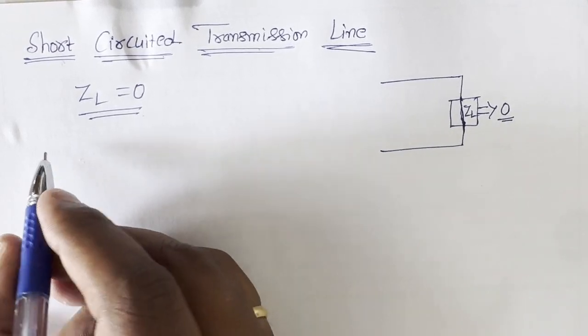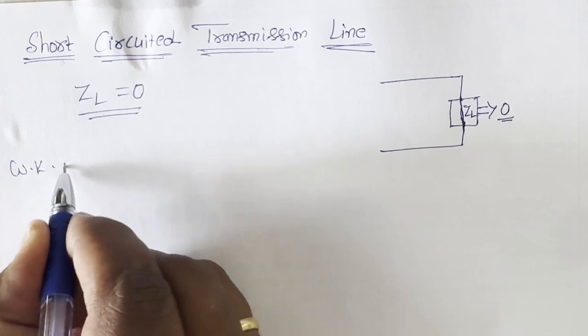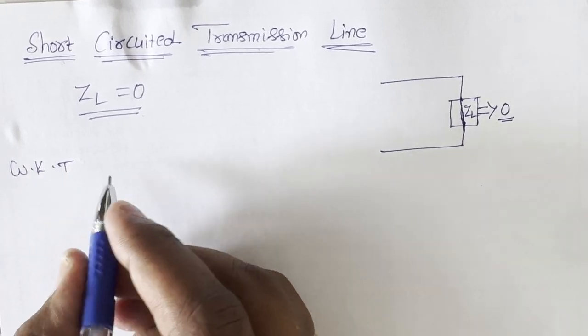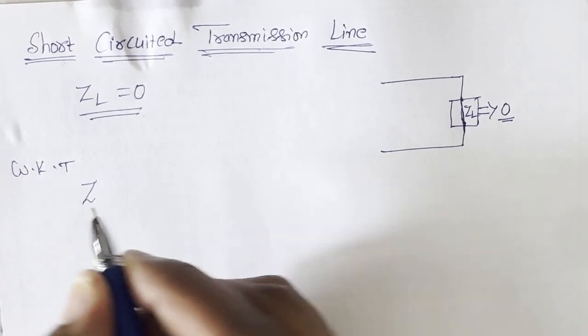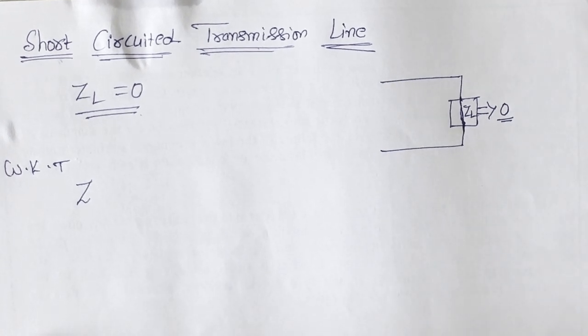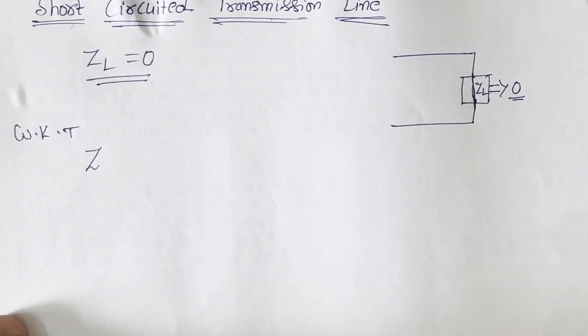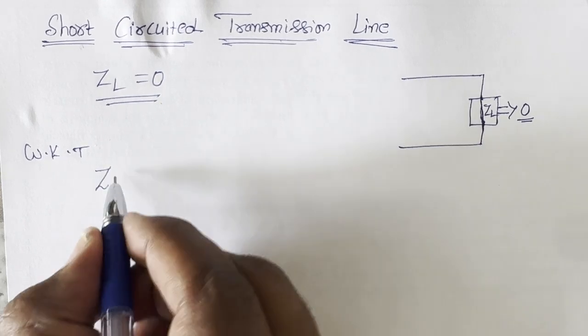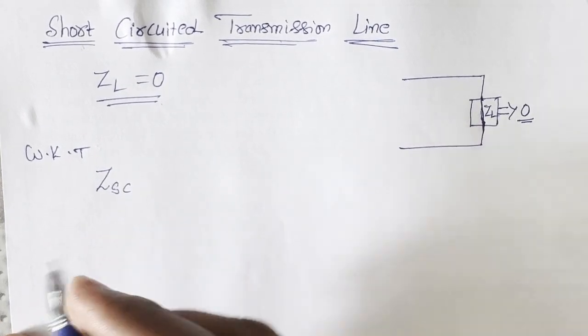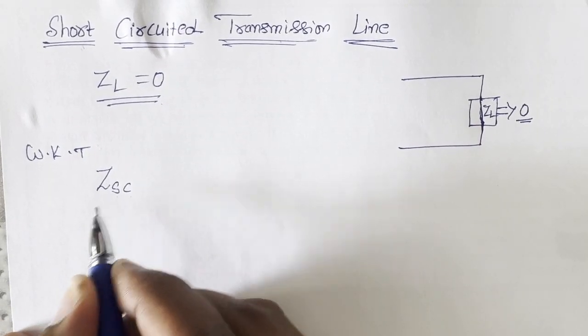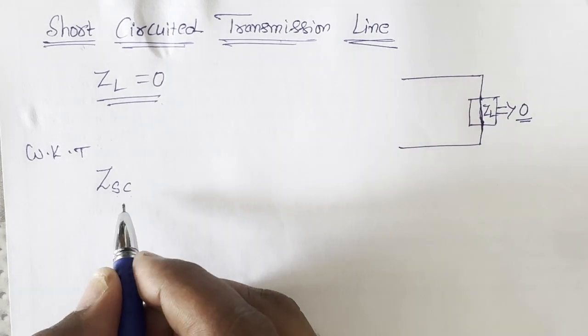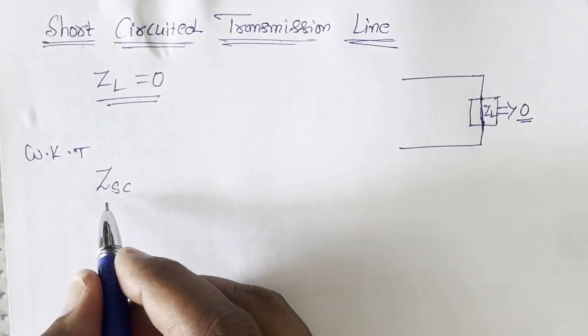Now similarly we know the input impedance. Now I am dealing with a short circuited transmission line, so I am writing this as ZSC, the short circuited transmission line impedance.